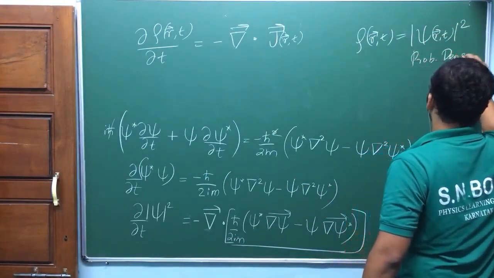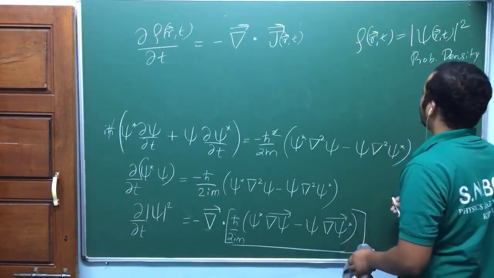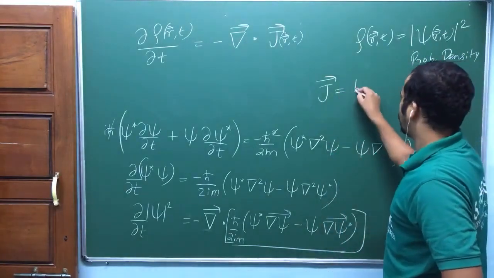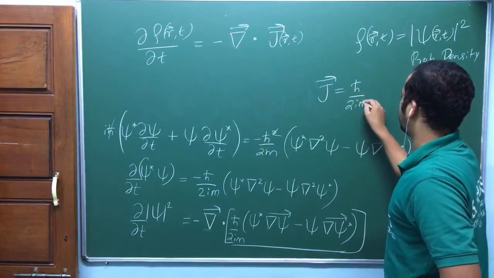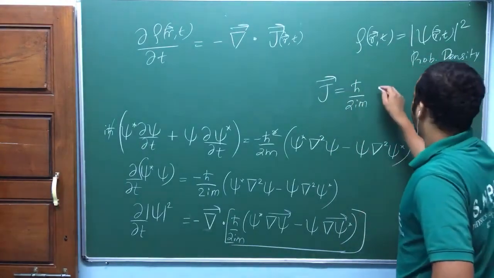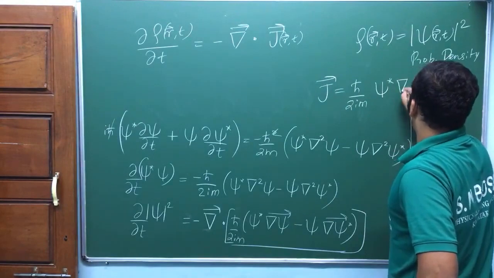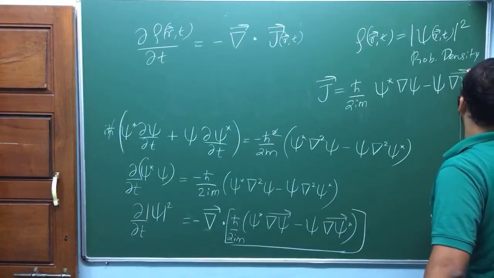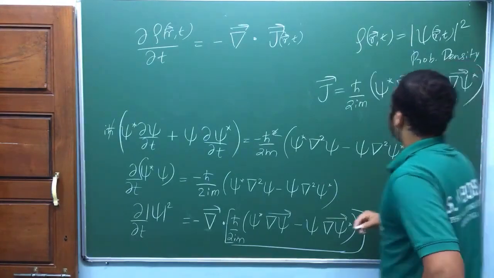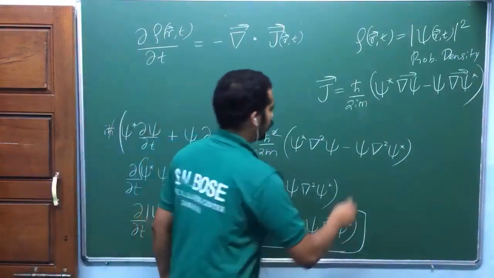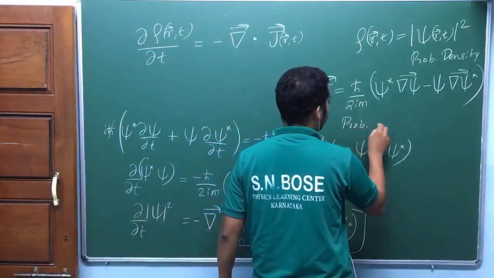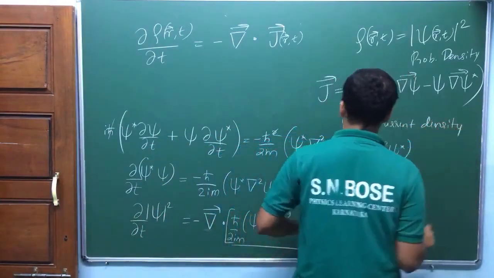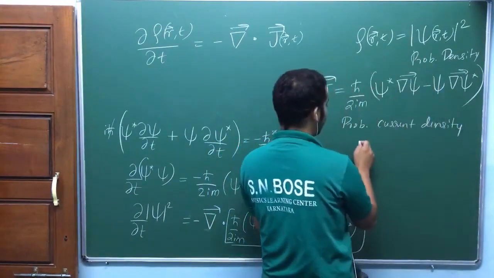Now we have one more quantity, j, a vector quantity, which is equal to ħ by 2im times (ψ star del ψ minus ψ del ψ star). It's a gradient. We call this the probability current density. It is always real. This is always real, am I right? This is also always real.